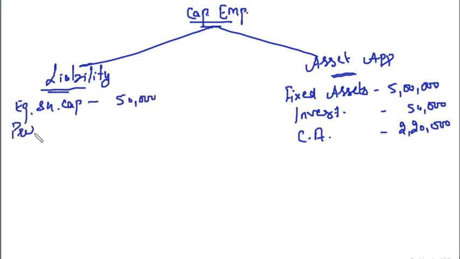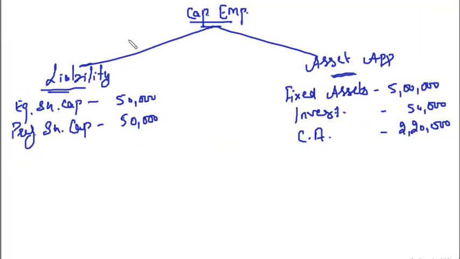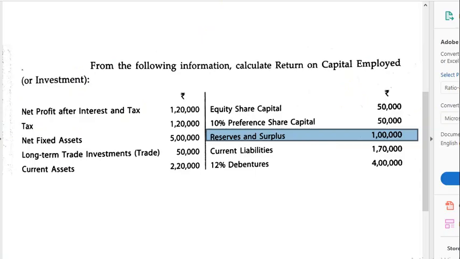Then you have preference share capital of 50,000. Clear? Next, reserves and surplus 1 lakh. This is again a part of liability approach because it is the profits. Reserves and surplus. How much? 1 lakh.